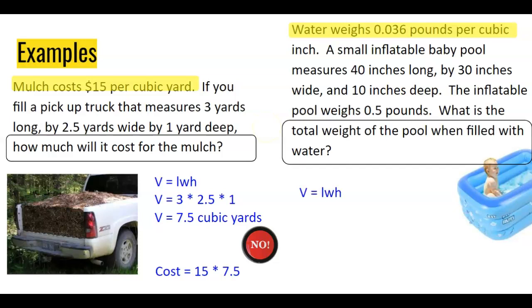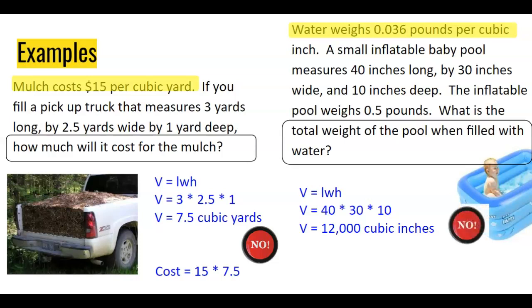So volume equals length times width times height. 40 times 30 times 10, which gives us 12,000 cubic inches. Are we done? No. Now we have to figure out the weight. So we have to take the 12,000 cubic inches times 0.036, and here's the part a lot of people will forget.